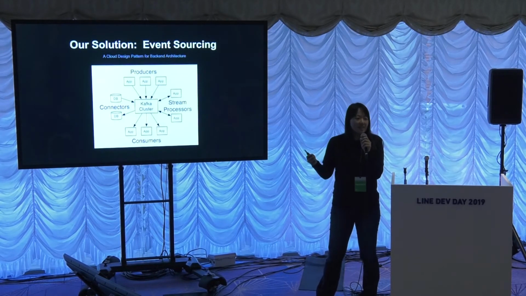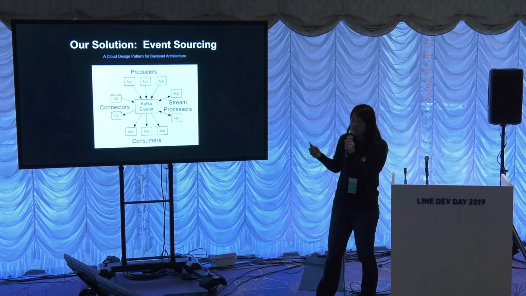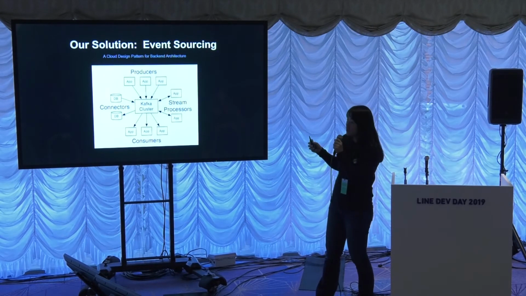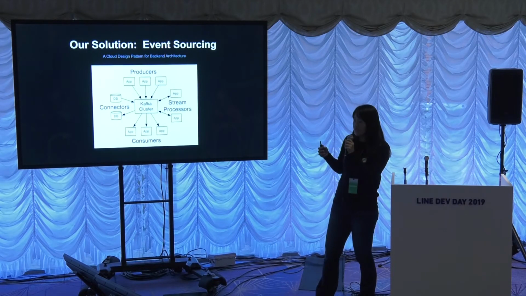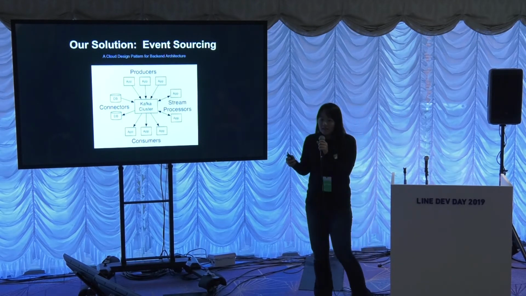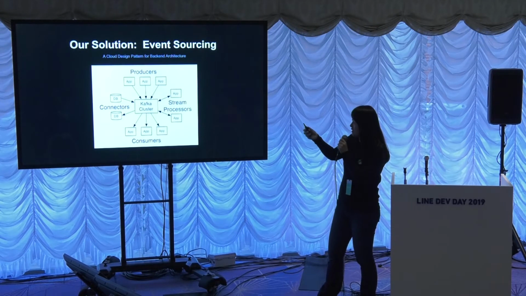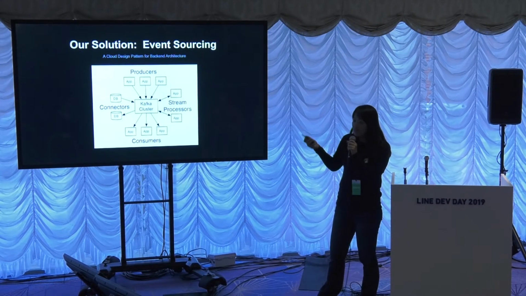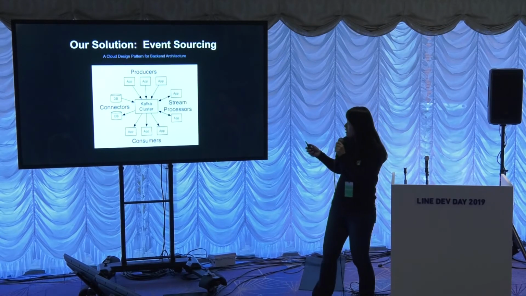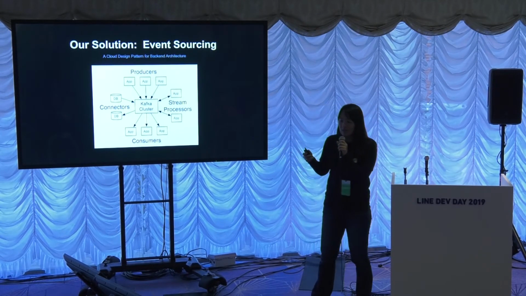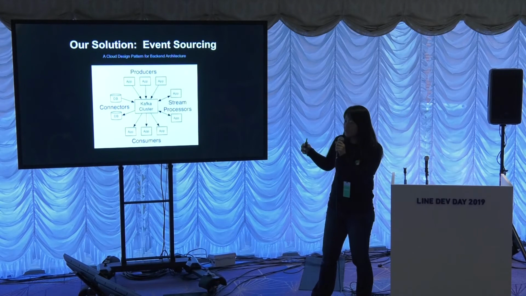But fortunately, we have a solution. Our solution is using the event sourcing pattern to design our architecture. The main idea of event sourcing is to keep every state, every event of each operation in the system. And we use Kafka for implementation because Kafka has complete support for event sourcing.